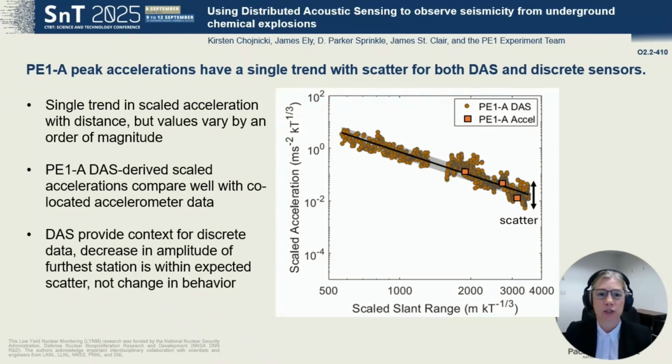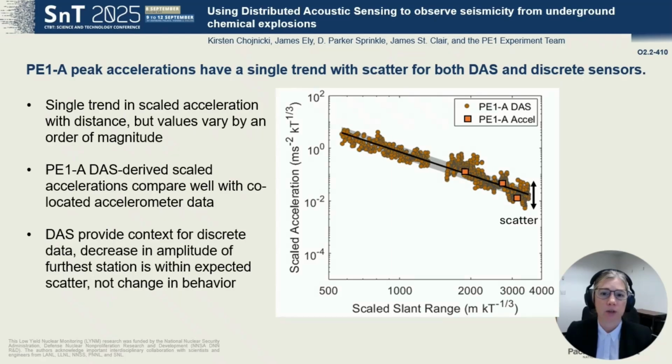Peak acceleration values recorded by co-located accelerometers show similar trends and comparable values to those observed with DAS, but with significantly less scatter. Furthermore, the DAS data help frame the amplitude reduction at the furthest accelerometer station as it looks low, but it falls within the variability observed in DAS measurements.